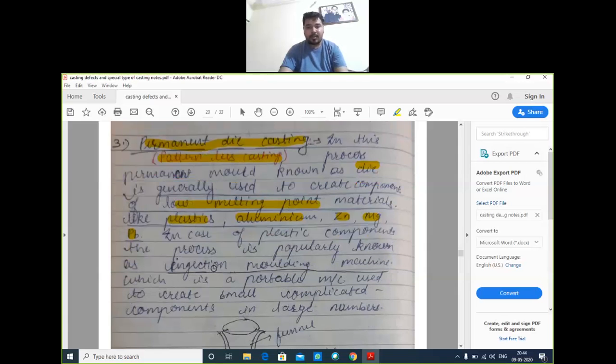In the case of plastic components, the process is popularly known as the injection molding machine. With its help, we cast plastic products. It is a portable machine used to create small, complicated components in large numbers.